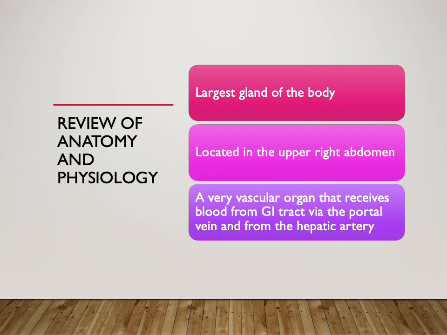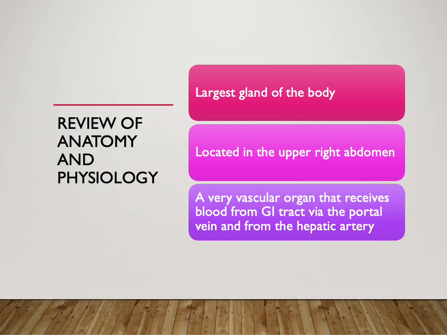All right, so thinking about the anatomy and physiology of the liver and biliary system, it's the largest gland of the body. It's located in the upper right abdomen. Hopefully, that's not news, but that's where it is. Very vascular organ that receives blood from the GI tract and the portal vein and from the hepatic artery. And I always say the liver is probably one of my favorite organs, just because it can be regenerative.